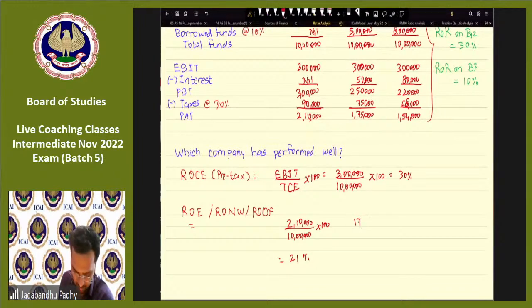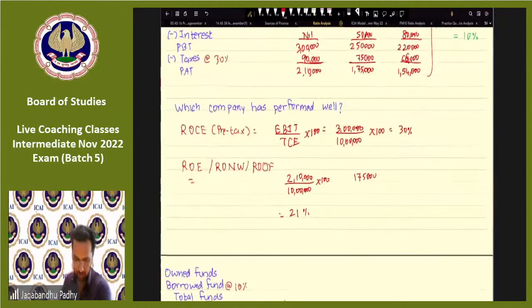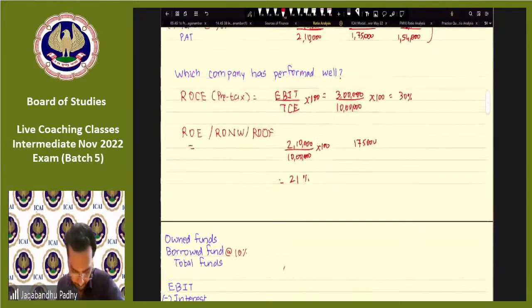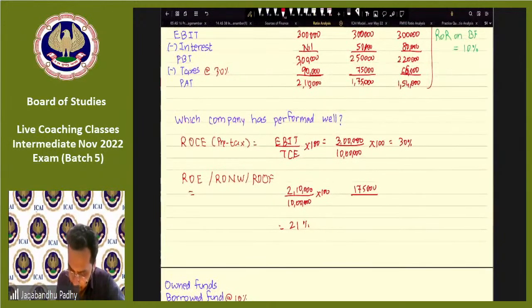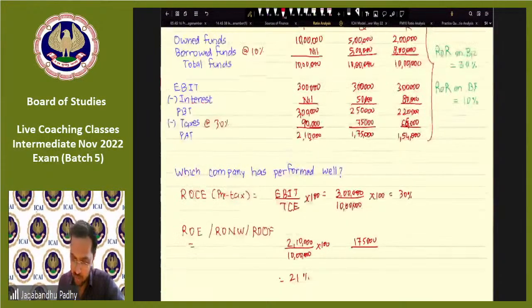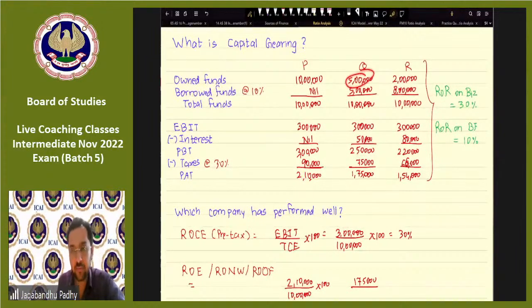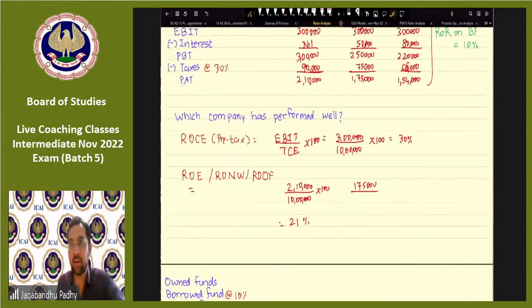In the second company, it is 1,75,000 upon owned funds of just 5 lakh, which gives 35%.